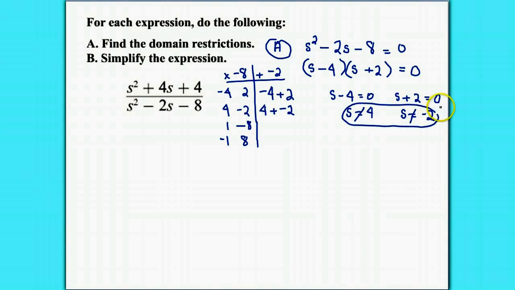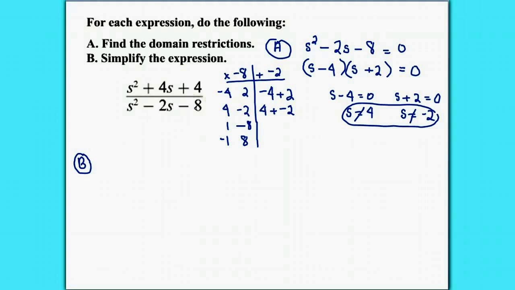Okay? All right, for part B, simplifying the expression, it's a little bit different than the problem we did previously. The problem that we just did, you had a monomial down here. It was just one term. Here you have 3 terms.